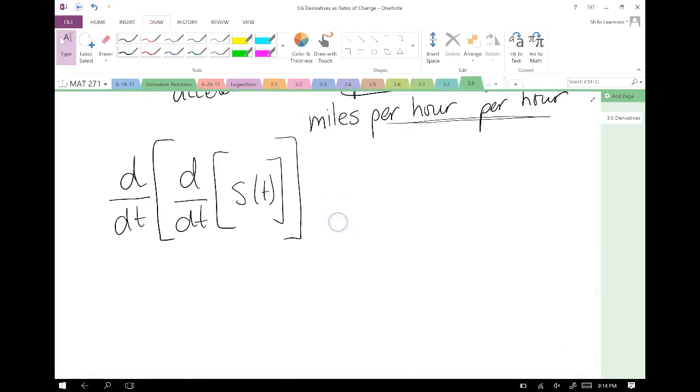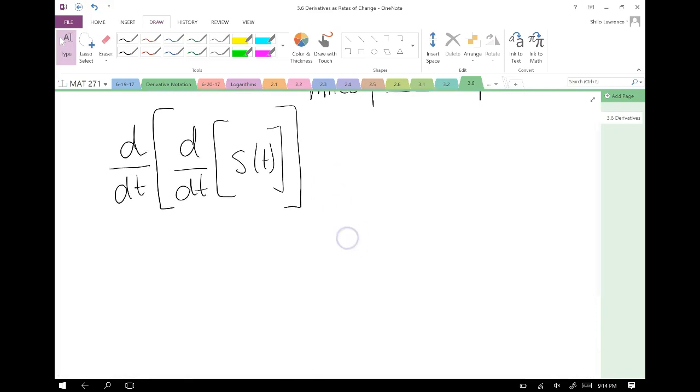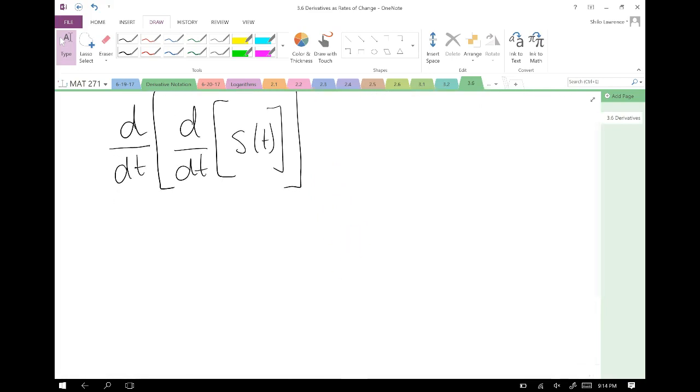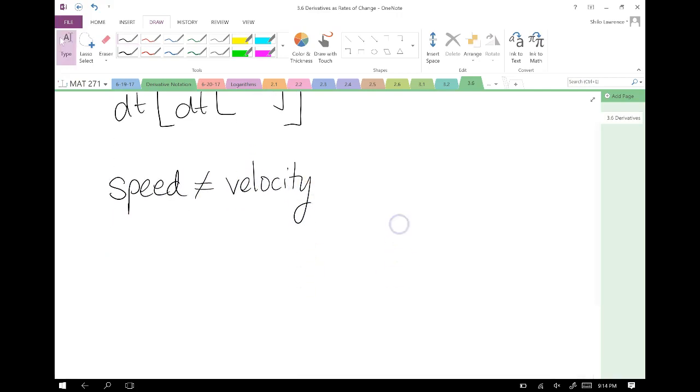And sometimes we don't care what direction we're going. And if we don't care what direction we're going, we just care about the number portion, then that is speed. So technically, velocity and speed are not the same thing, but they are related. Speed is just the magnitude of velocity. It's just the number portion of the velocity, and it disregards the positive negative part.